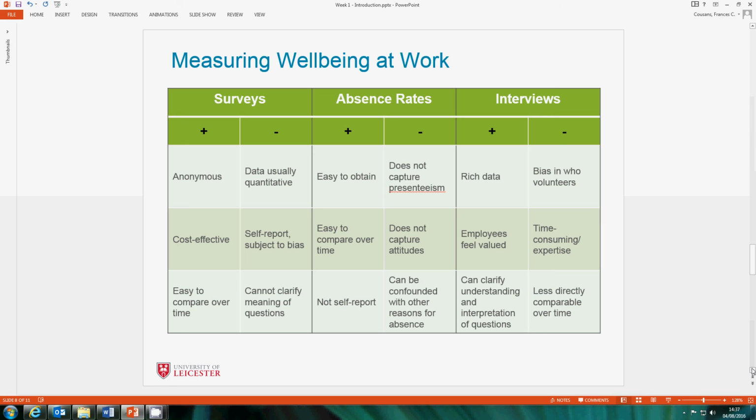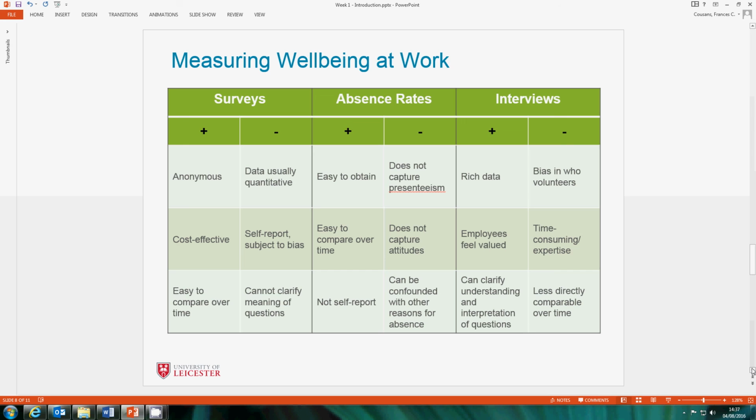Some of the negatives of using interviews to measure well-being at work include that, similar to surveys, it may be that those who volunteer to be interviewed might have particularly strong opinions and therefore they may not be representative of the general workforce.